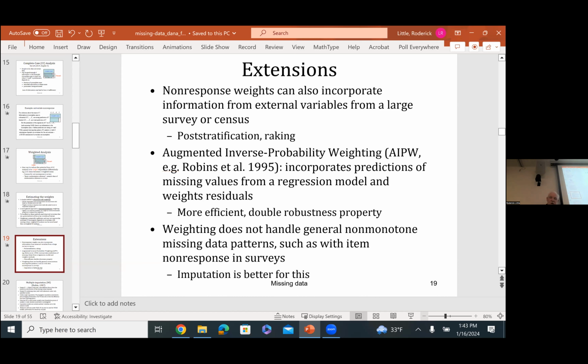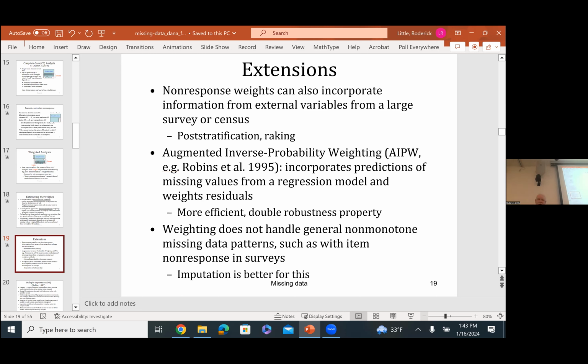Essentially, this can increase the efficiency of weighting by incorporating predictions from a regression. It has what's known as a double robustness property, which means it works whether you get the regression model for the outcome or the regression model for the probability of response correct.